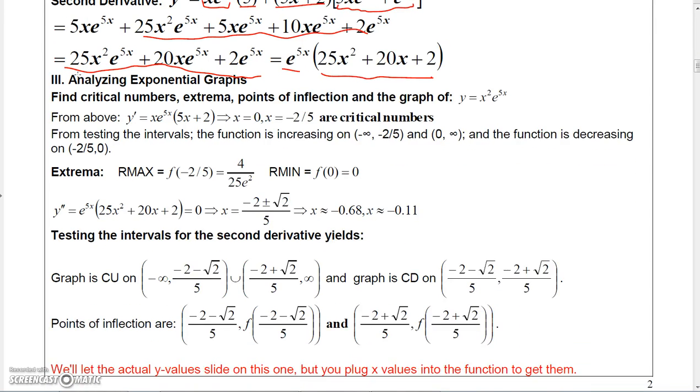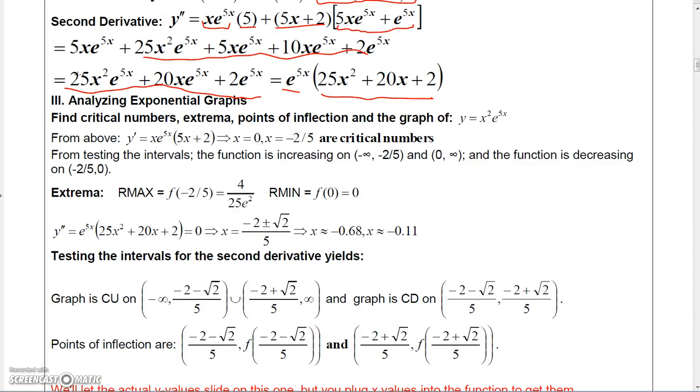Now if you want to analyze this, you can easily see from the first derivative that if you set this equal to 0, you get x equals 0, or you get x equals negative 2/5.